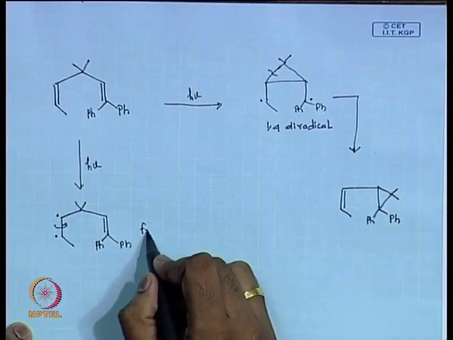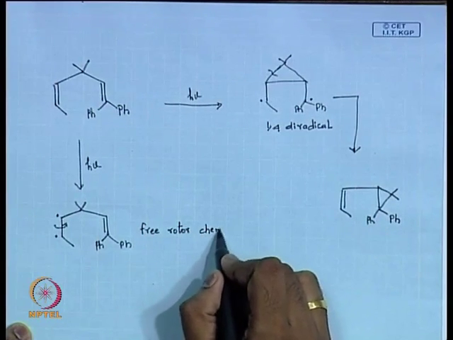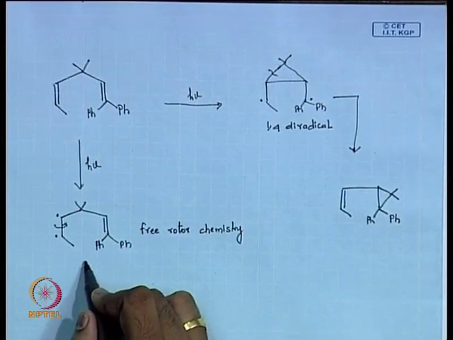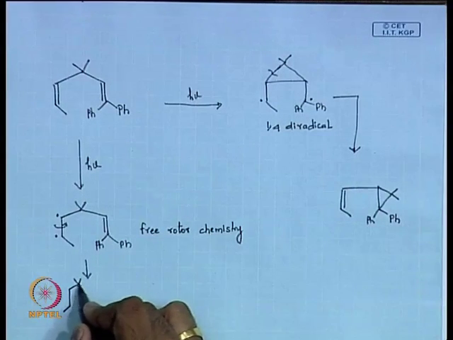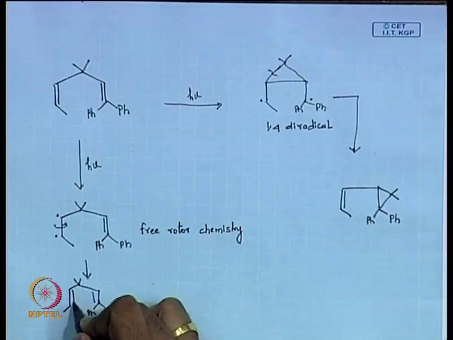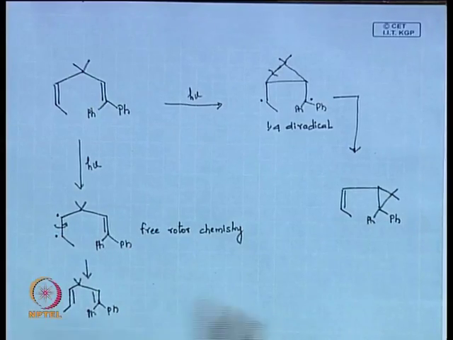This keeps on happening, so it can go from cis to trans. So this chemistry happens. This is called free rotor chemistry. This free rotation occurs nicely.